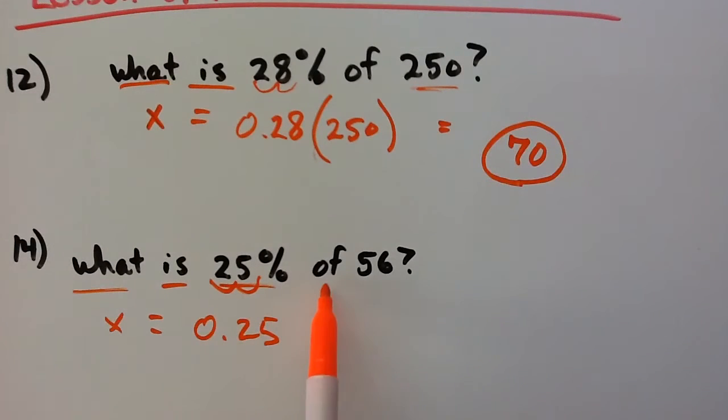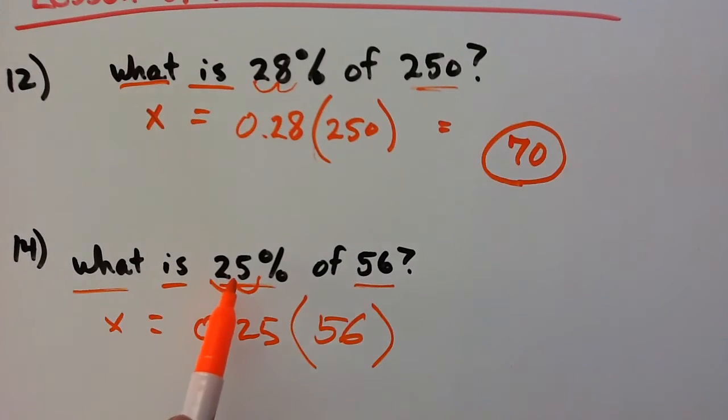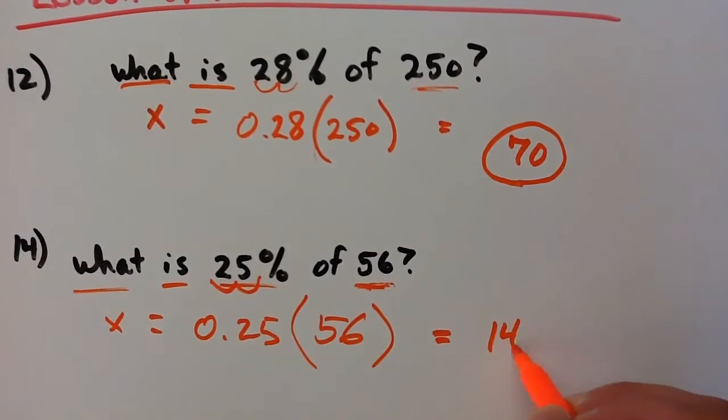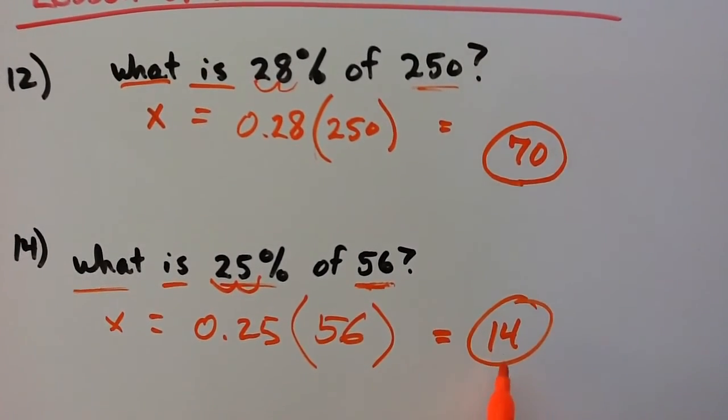"Of" means multiply, and I'm going to use parentheses to show multiplication: 0.25 times 56. Because 56 is my whole and I want 25% of it, the number I get is going to be smaller than 56. You put this into your calculator and you get 14. So the number 14 is 25% of 56.